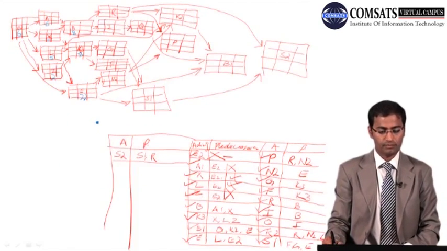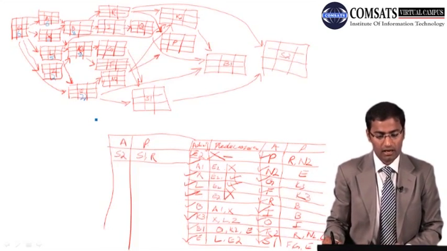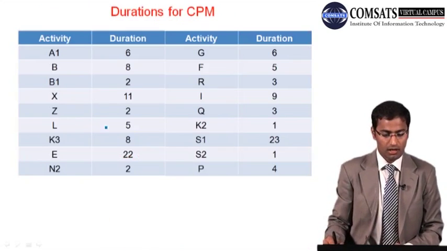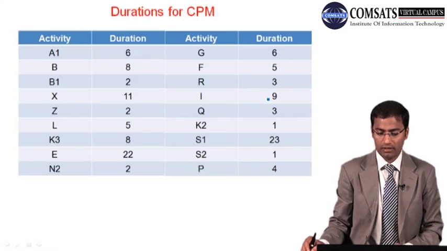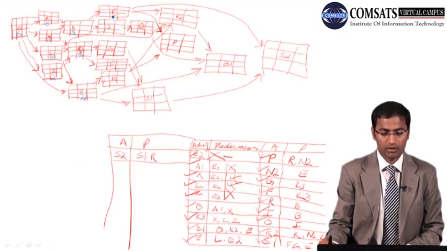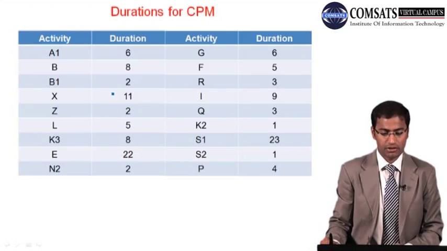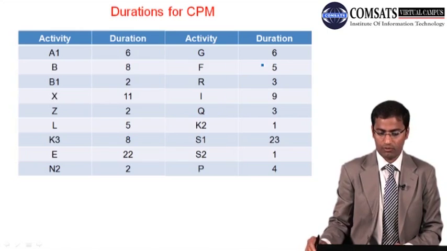Then we are having R and I, 3 and 9, and G and F, so where is G?